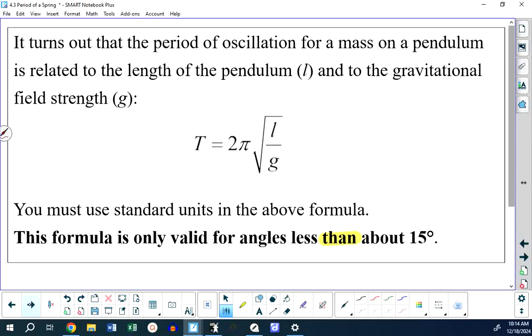Think about this for a second. Would you agree that on a spring, the larger the mass, the larger the period? Okay. Would you agree on a pendulum? I haven't got this set up to do it, but if I want a longer period, I could get the string to be longer. So I'm going to write here what the formula is that we just learned for the period of a mass on a spring.